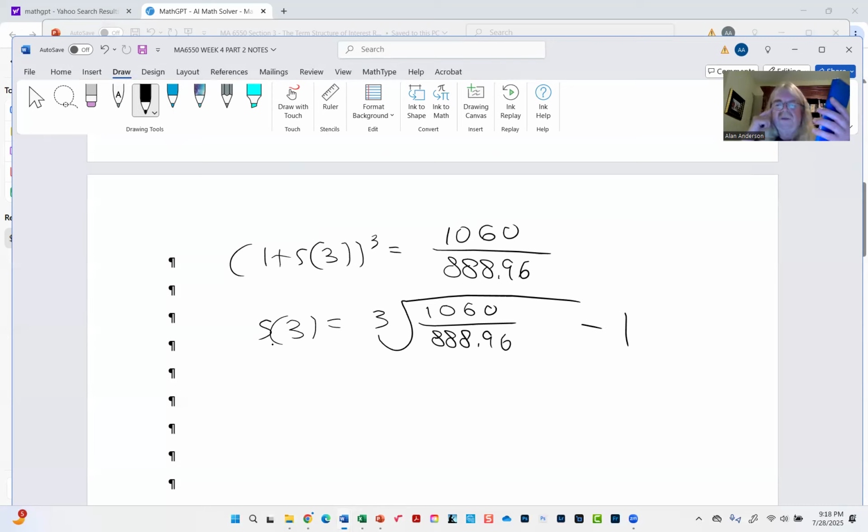And that's going to leave us with 6.041, let's say. Okay, or about 6.041.